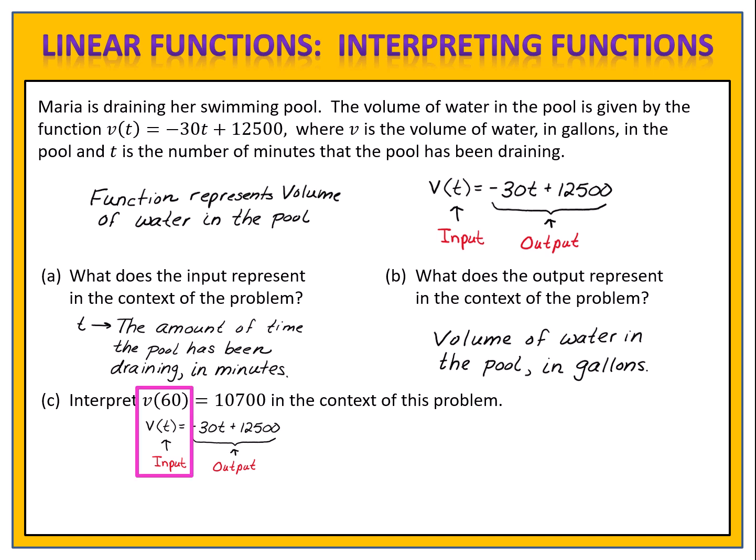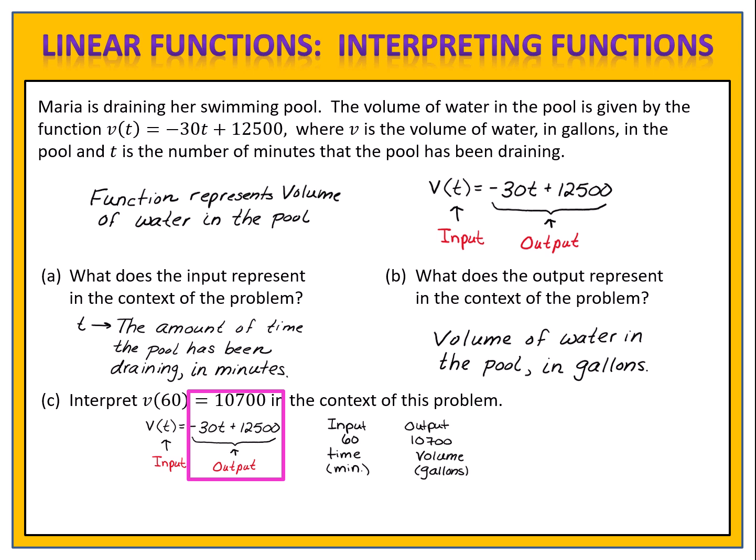If we match things up, we see that the input is 60, and the input is the amount of time in minutes. If we match up on the other side, we see that the 10,700 is the output. The output was the volume of water in the pool in gallons.